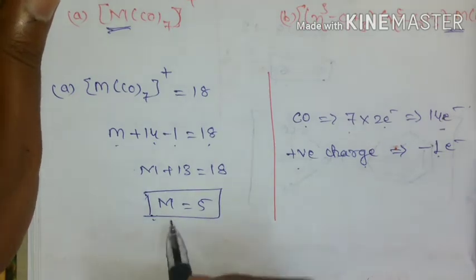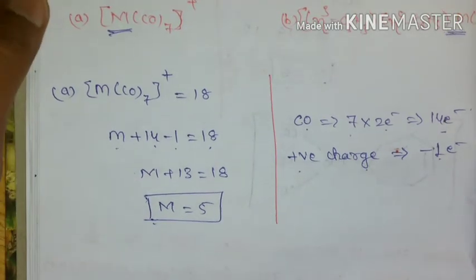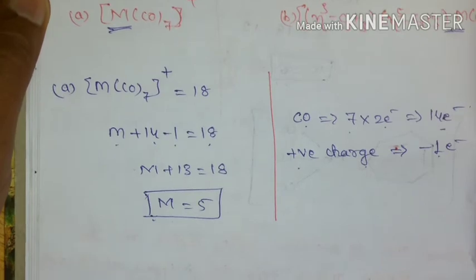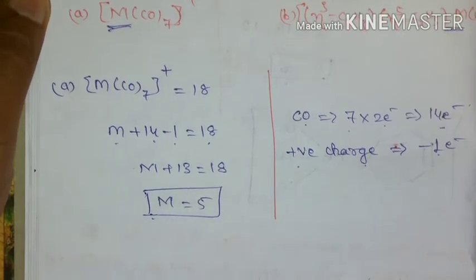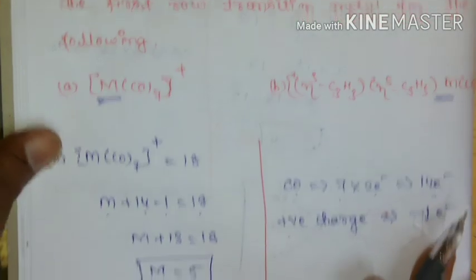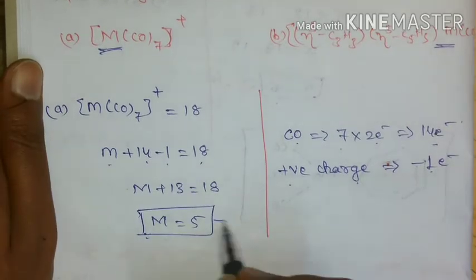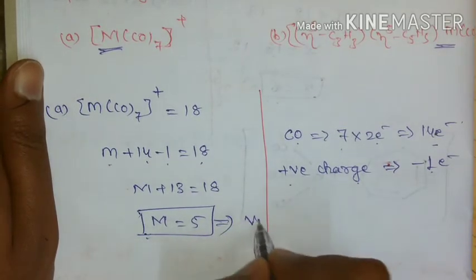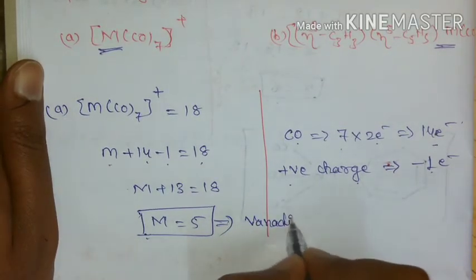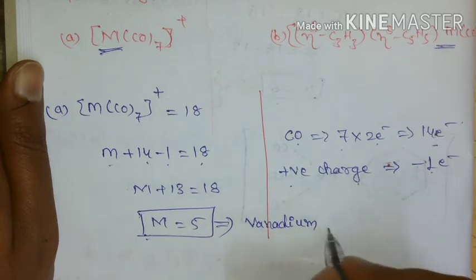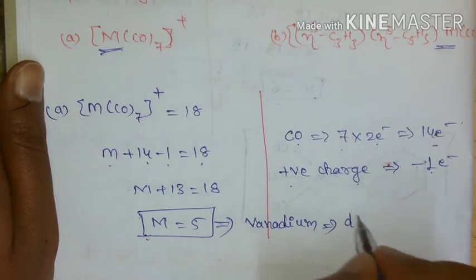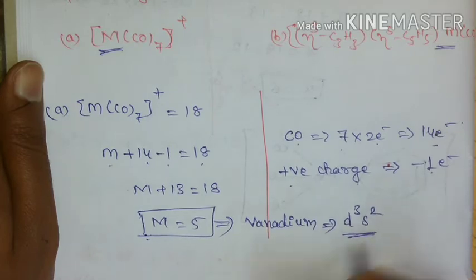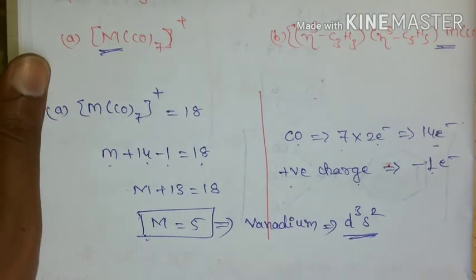So the metal carrying 5 valence electrons will be the most likely metal type present in this compound. As a first row transition element, the metal which carries 5 electrons is vanadium. So vanadium is going to have d3s2, 5 valence electrons.